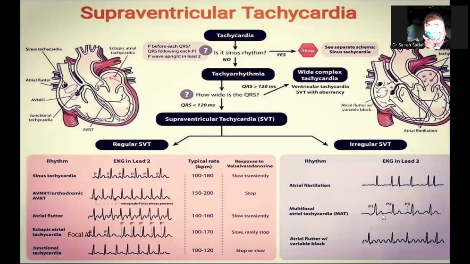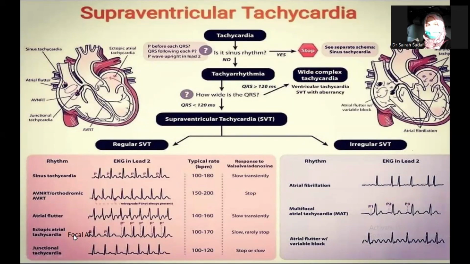Simple atrial tachycardia, the focal atrial tachycardia, will have a deformed P wave, but the shape will remain the same with every complex. In multifocal, the P wave appears every time with a different shape, different face.